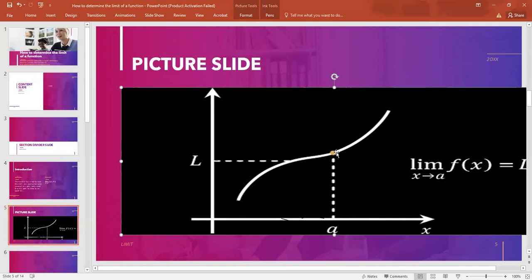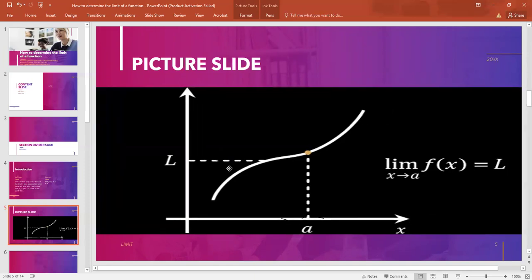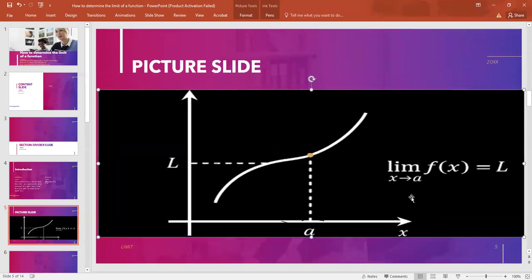The value of the function goes towards L. That is the graphical representation of the meaning of the limit as x goes to a of f of x equals L. So the limit from the left is equal to the limit from the right for us to have the existence of a limit at that point.